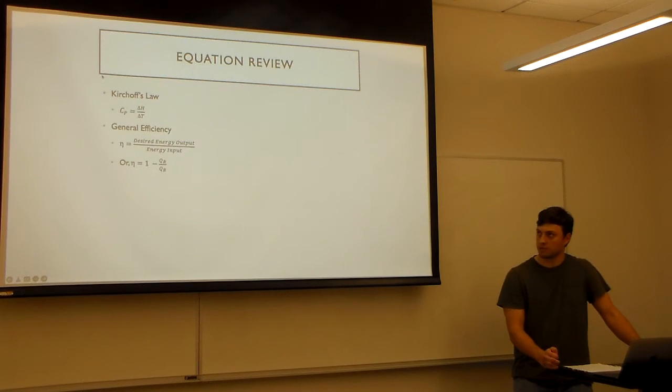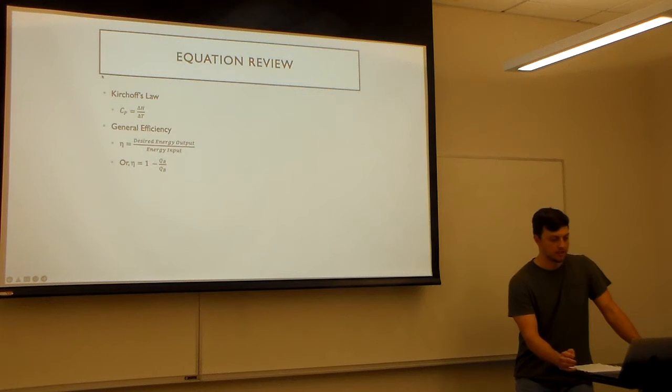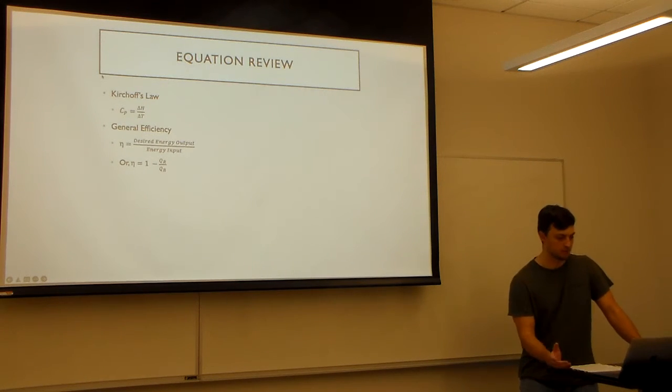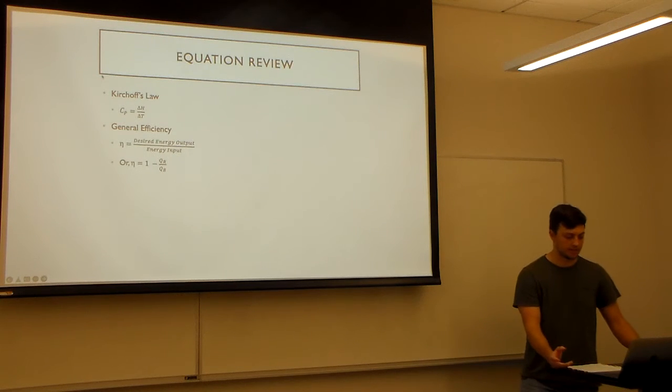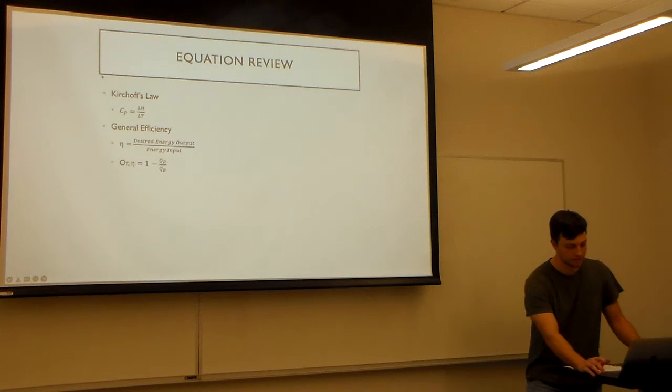Just to go over the equations we'll be looking at through my calculations, using Kirchhoff's law relating heat input to the specific heat of the fluid, and also the change in temperature that occurred with that heat input, and then also general efficiency, which is the desired output over the energy input. And we'll be looking specifically at a variation on it for the Rankine cycle, which is 1 minus the heat that we are rejecting in the condenser over the heat that's put into the boiler.